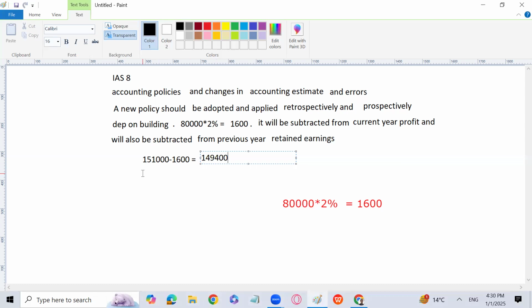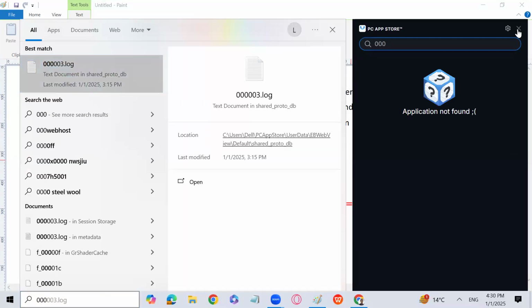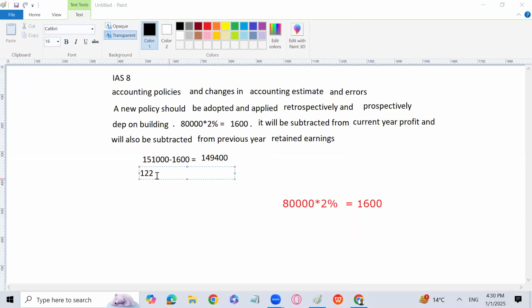And if we talk about the profit, what is the profit? That is 122,000, profit for the current year. So we have to give the adjustment accordingly. 122,000 minus 1,600. So both need to be adjusted.